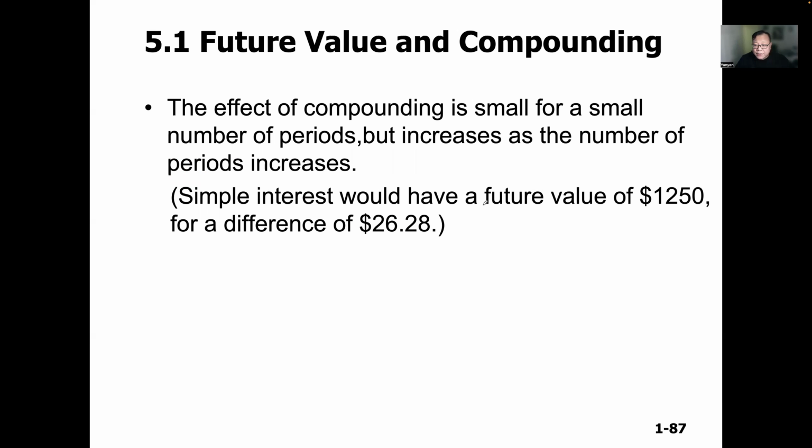The future value, if we consider simple interest, would be your principal of 1,000 plus each year 5% of 1,000, and you earn interest for 5 years.